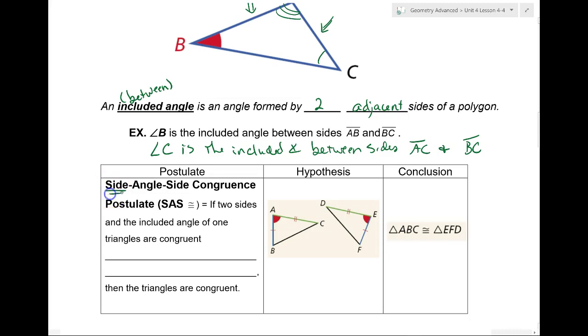That's right, you're going to need 2 pairs of congruent sides. And how many pairs of congruent angles do you think we're going to need? Yeah, we need 1 pair of corresponding congruent angles. So that's why it spells side angle side. But here's the thing. Where does the angle have to be located? The angle has to be located between the 2 pairs of congruent sides. So that's why it's called the included angle.